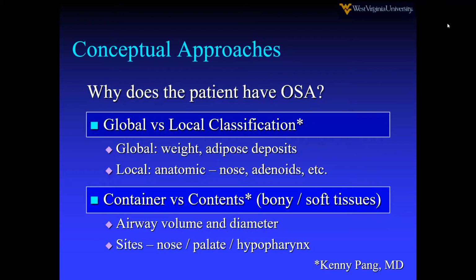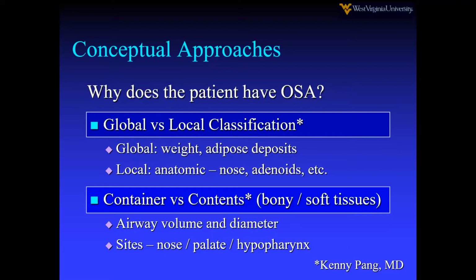So when the patient walks in your clinic, sitting in the chair, think to yourself, why does this patient have obstructive sleep apnea? Now, Kenny Pang from Hong Kong gave a very great presentation on this. He talked about the global versus local classification of obstruction. Global, you're talking about weight and adipose deposits.